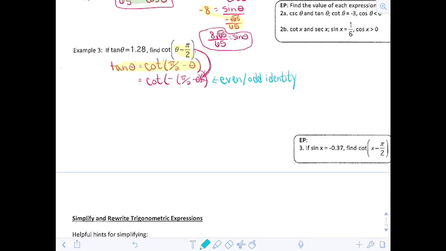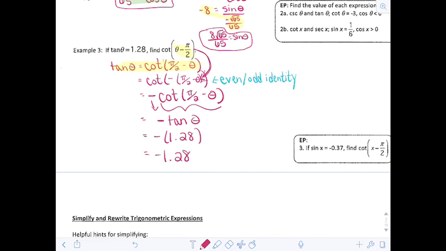So what I have now is that this is the negative cotangent of pi over 2 minus theta. Well, the cotangent of pi over 2 minus theta is equal to the tangent of theta, but I bring down that negative, so the negative tangent of theta, that's the negative of 1.28, so my final answer is negative 1.28.